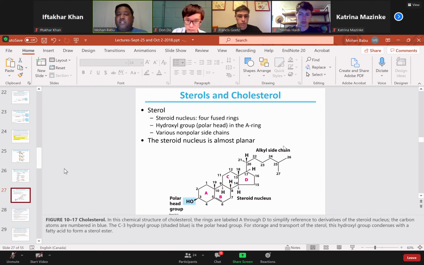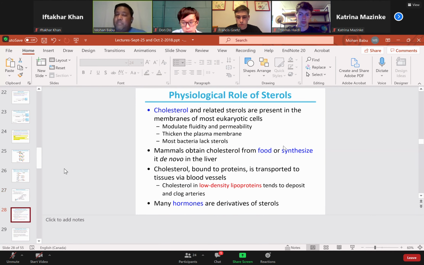And here is something very important: some of the physiological roles of sterols. Sterols modulate fluidity and permeability. That's very important. Most bacteria lack sterols. So what do they have instead?